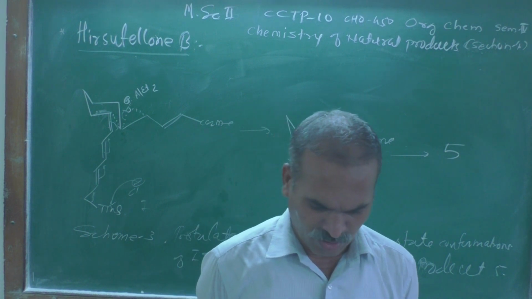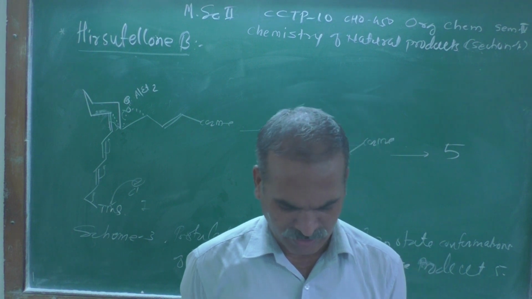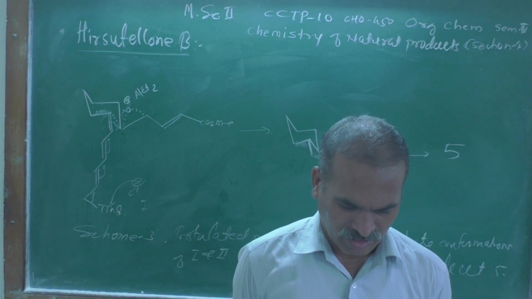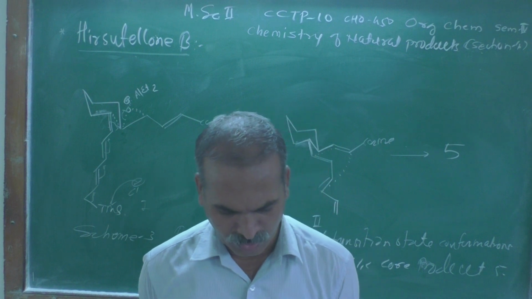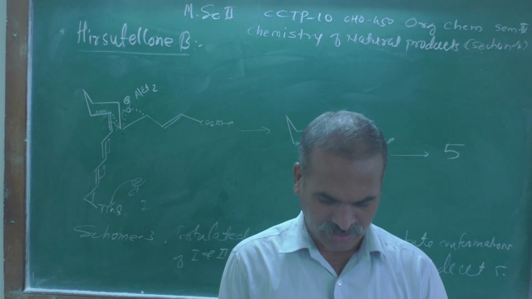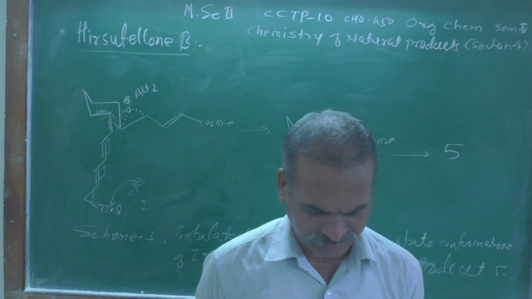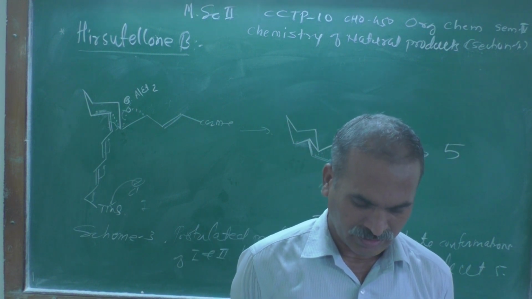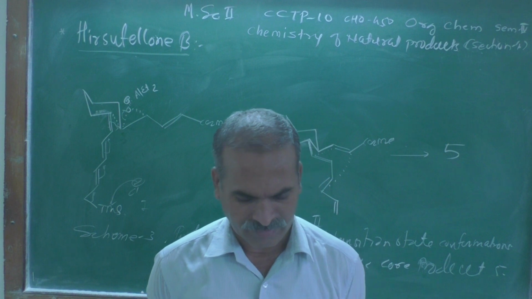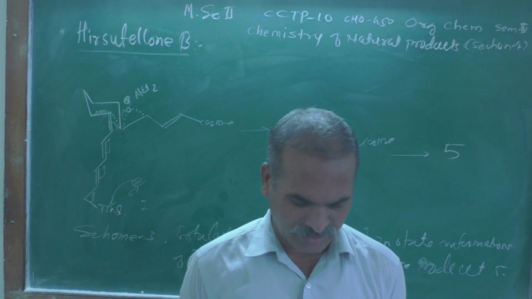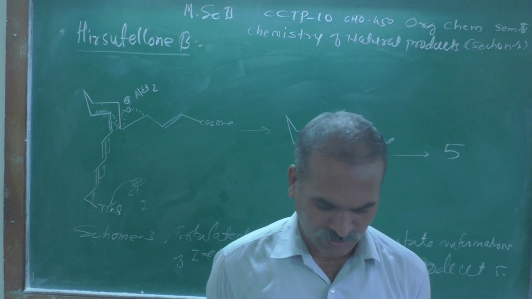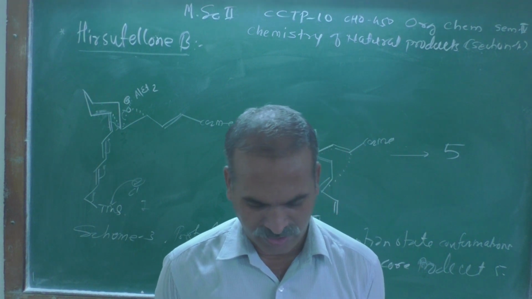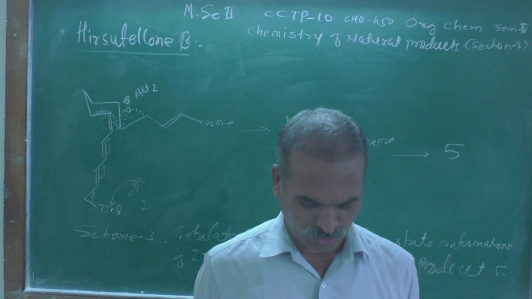The structure of 5 was determined by NMR spectroscopic means and was confirmed unambiguously through X-ray crystallographic analysis of its carbamate derivative 12, the derivative which we have learned earlier, prepared from 5 by reaction with para-bromo C6H5NCO and CH2Cl2. The ORTEP drawing is the figure which is shown over here.